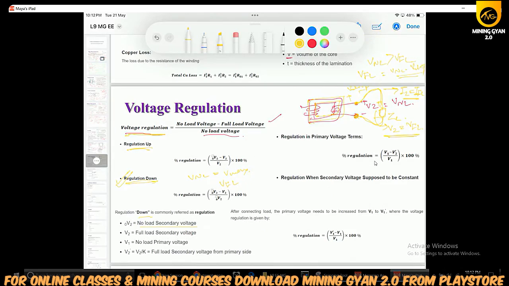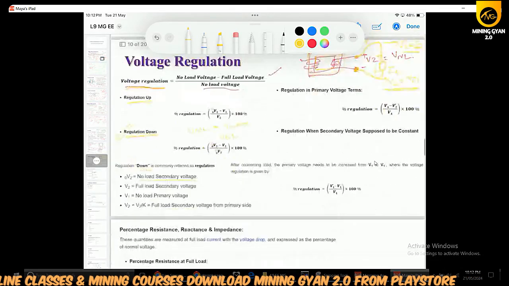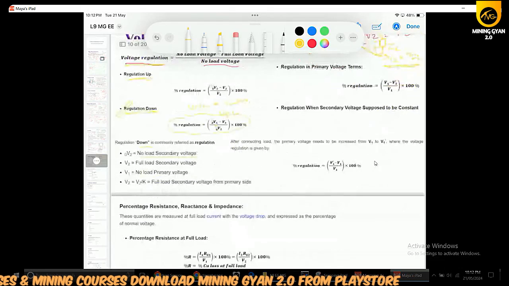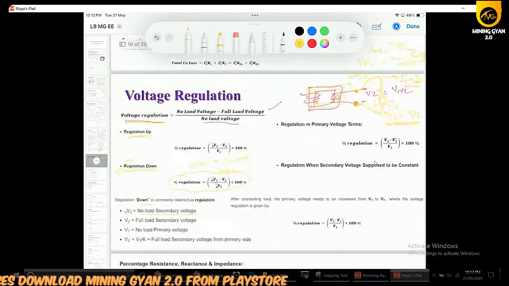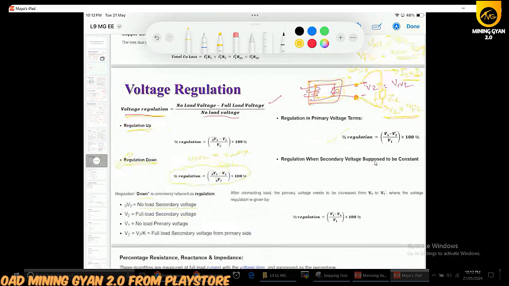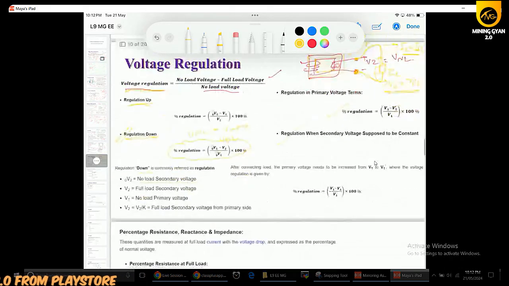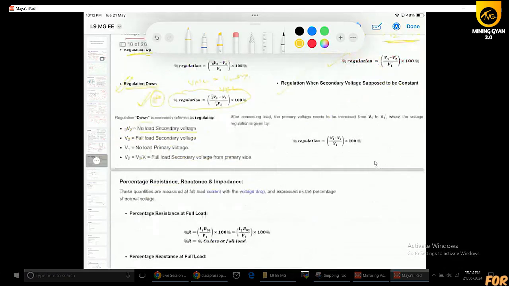That's what we want to measure through the percentage regulation down. Then regulation in primary voltage terms and in secondary voltage terms, you can see by yourself. We are generally interested in regulation down.